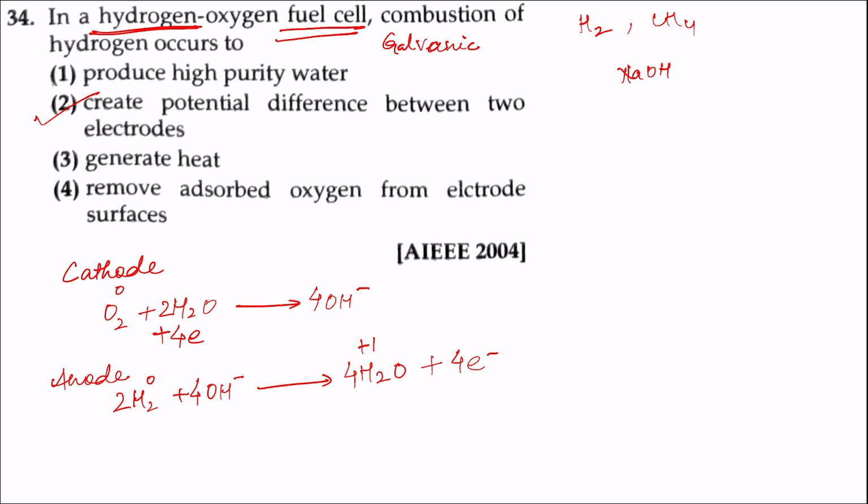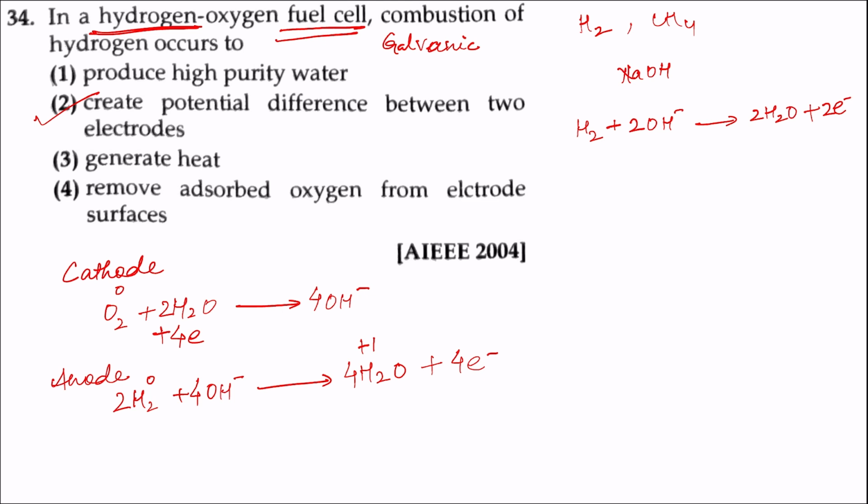The balanced reaction at the anode is H2 plus 2 OH minus ions forming 2H2O. Now in this case, there are 2 units of negative charge on the reactant side, and to balance them, 2 electrons will be added on the product side.